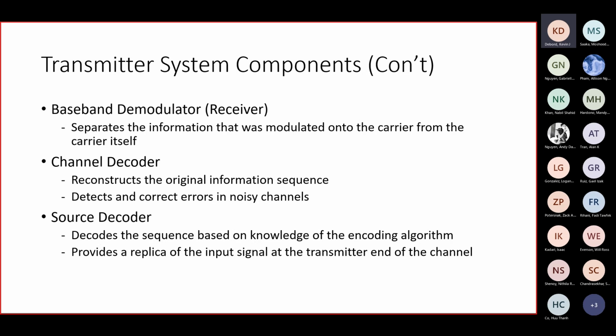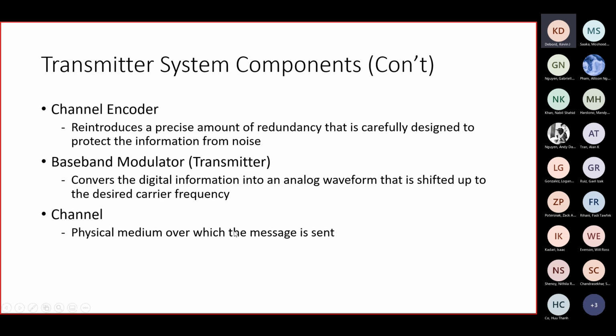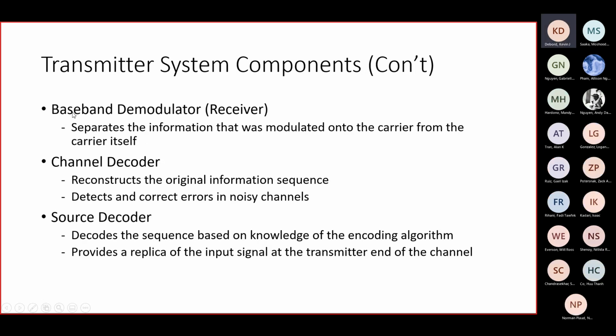What does this mean? We encode the data, right? So we turn it into a smaller address. We send it through the channel. Actually, I'll do this. We got the channel, so we encode it, right? We modulate it, so that it's a waveform that's shifted up. It goes through the channel, then to the baseband demodulator.